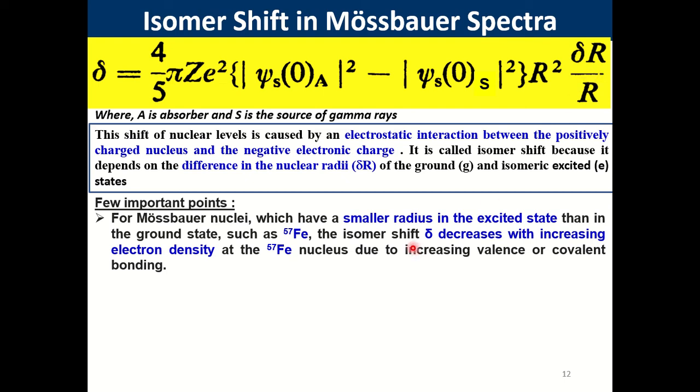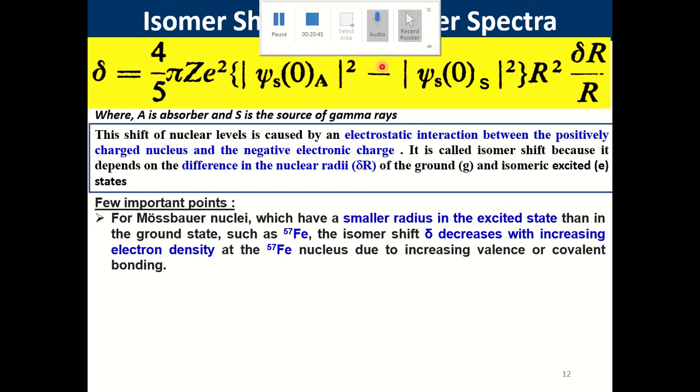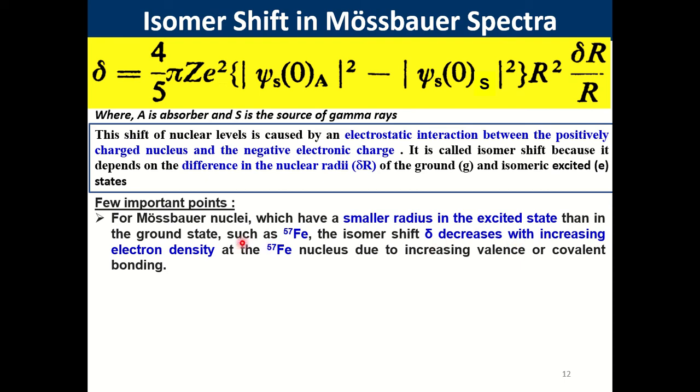So there can be two cases. There are some cases in which the excited state has a smaller radius. Iron is an example of that, Fe57. So in the cases where you have a smaller radius of the excited state compared to the ground state, the isomer shift delta decreases with increasing electron density. That is quite obvious. If this is negative, and the electron density increases in this absorbing species, the bracket term becomes positive.